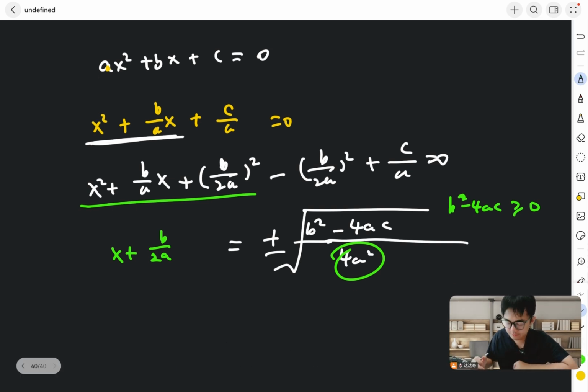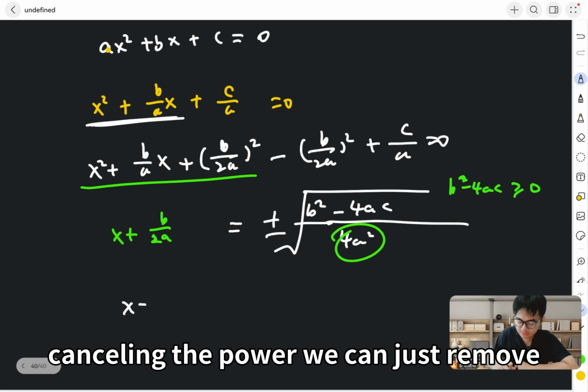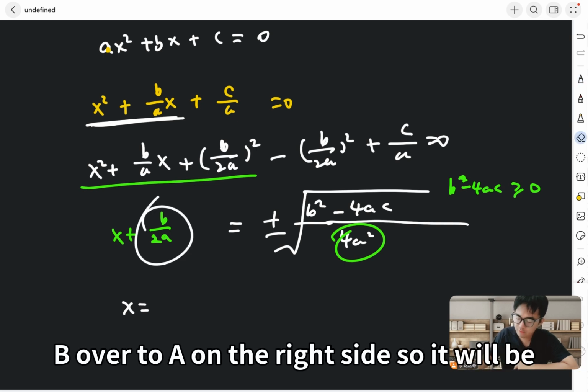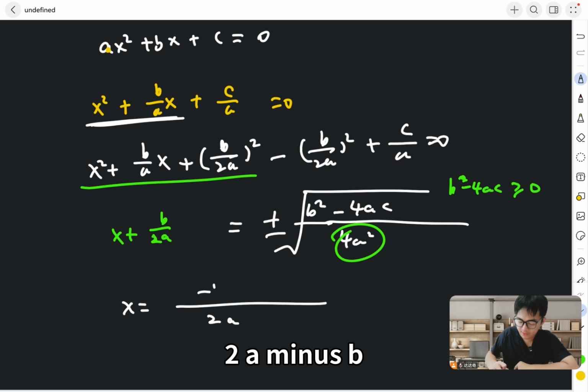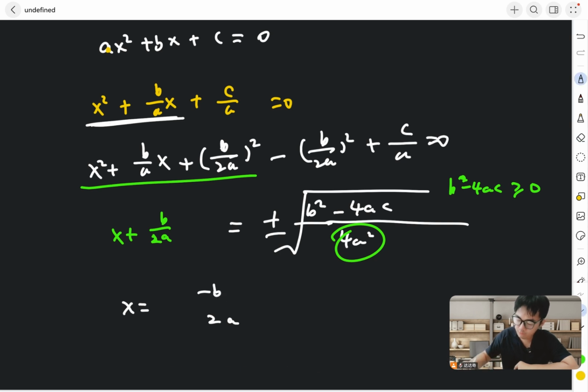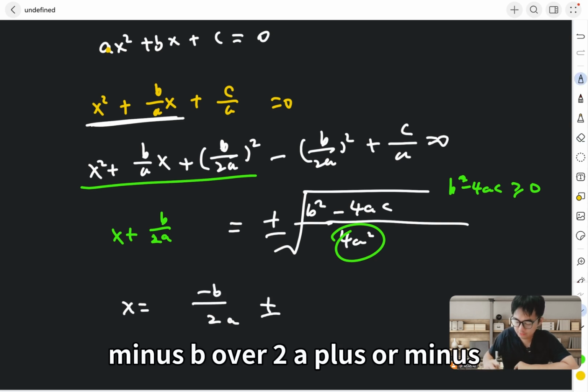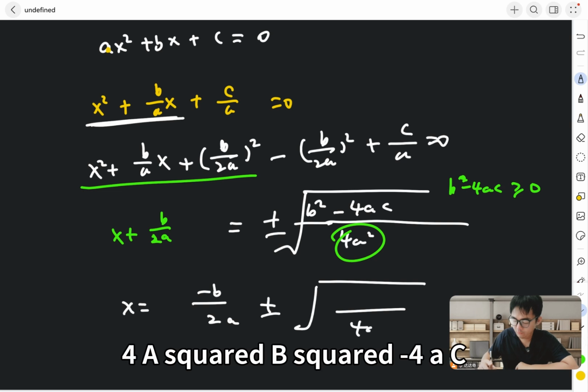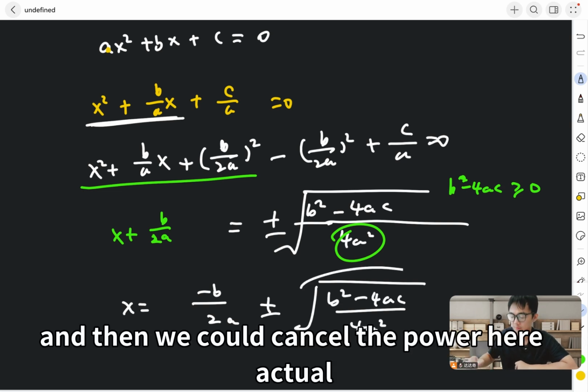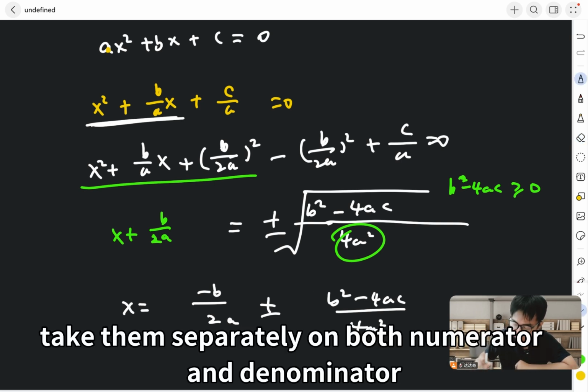And after canceling the power, we can just move b over 2a to the right side. So it will be x equals minus b over 2a plus or minus the square root of b squared minus 4ac over 4a squared. And then we could cancel the power here as well. We can just take them separately on both numerator and denominator.